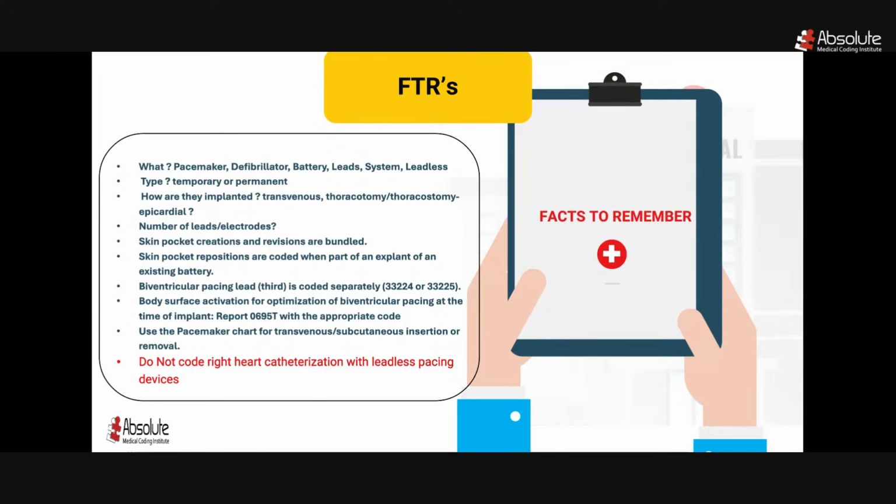Then a biventricular pacing lead, that is a third lead, is coded separately using 33224 or 33225, and for body surface activation mapping for optimization of biventricular pacing at the time of the implant, you would report 0695T with the appropriate code.